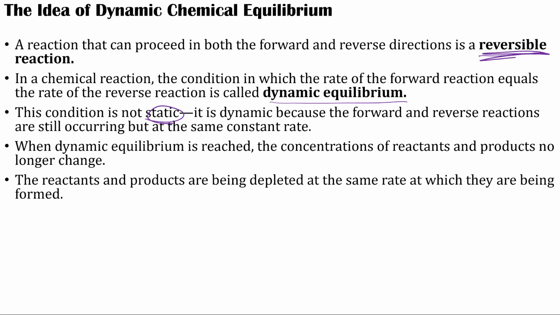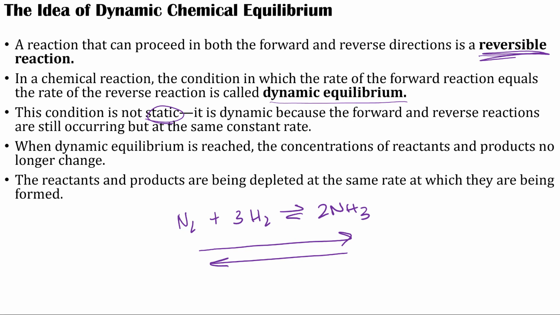So when we look at a chemical equilibrium reaction and it's at equilibrium, what that means is that it's going forward still and it's going in reverse. It's just doing it at the same rate so that you can't see a change here and you can't see a change here. So it looks like it's staying still, but it's really not. When dynamic equilibrium is reached, the concentrations of reactants and products no longer change.